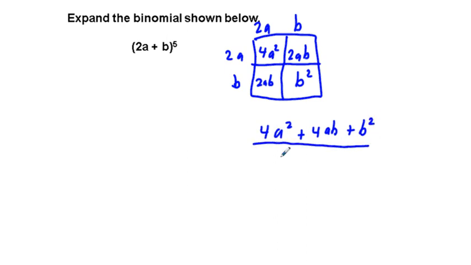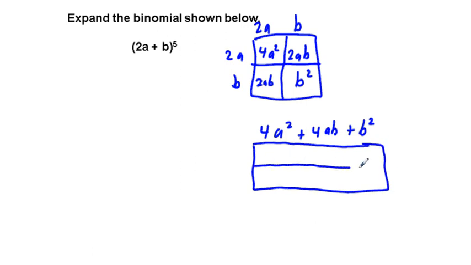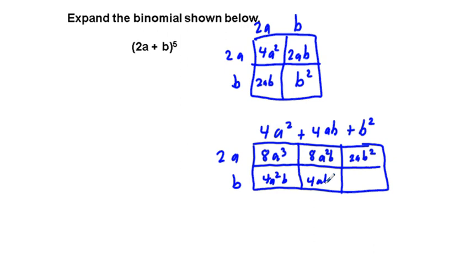and then that would be squared, into the third power. We could go again and put in 2a and b, and we would get 8a cubed, and over here we'd get 8a squared b, and 2ab squared, and then down here in the lower left corner we get 4a squared b, and then 4ab squared, and then we would have b cubed.